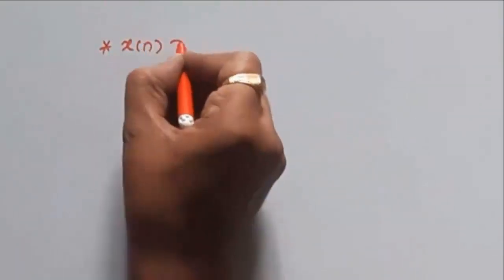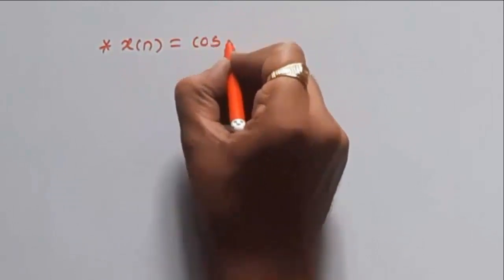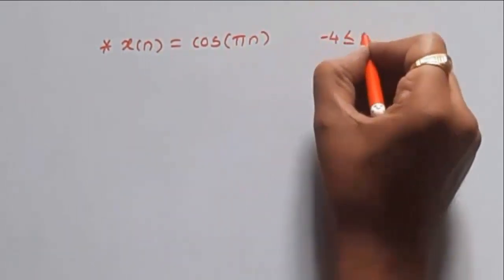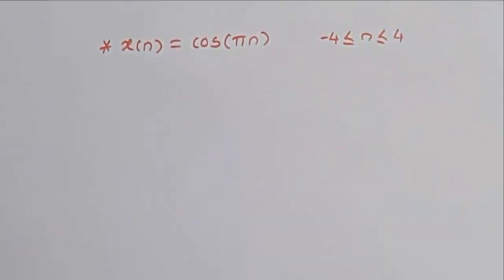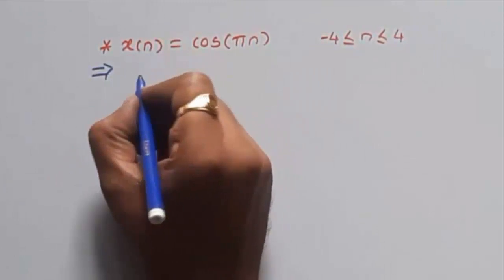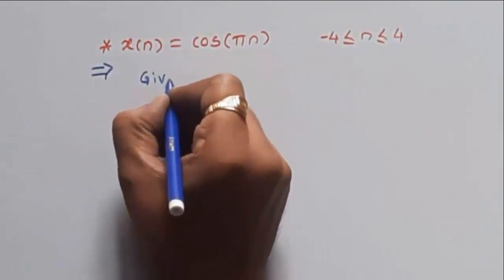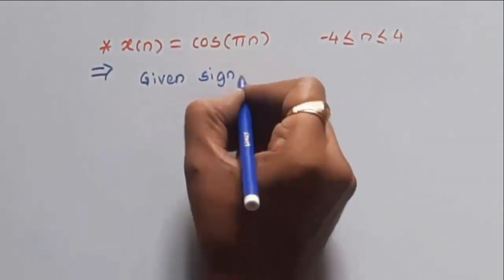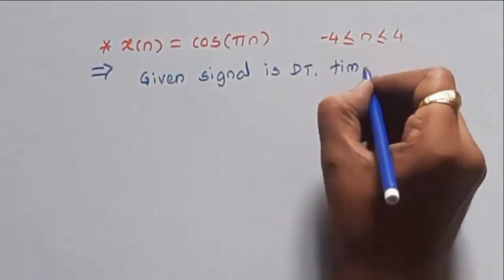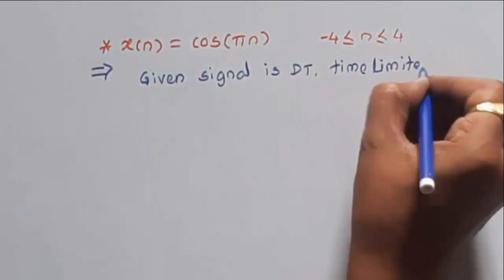Next example, x of n is equal to cos pi n for n greater than or equal to minus 4 and less than or equal to plus 4. Here, the given signal is a discrete time signal and it is time limited, hence it may be an energy signal.